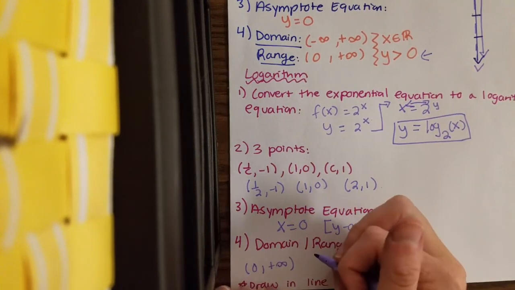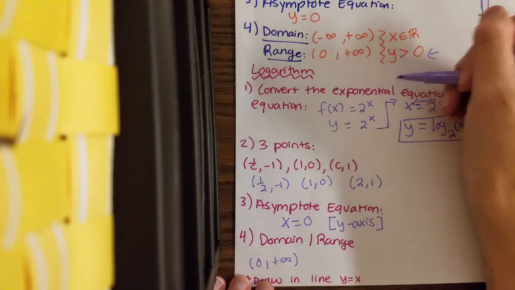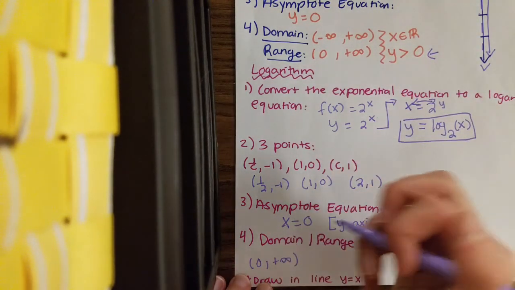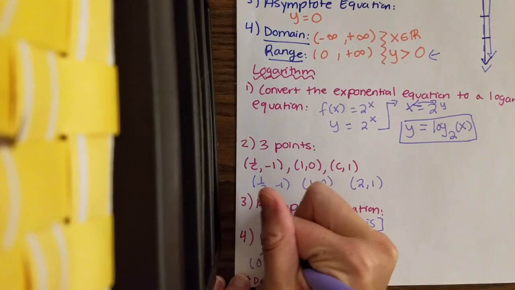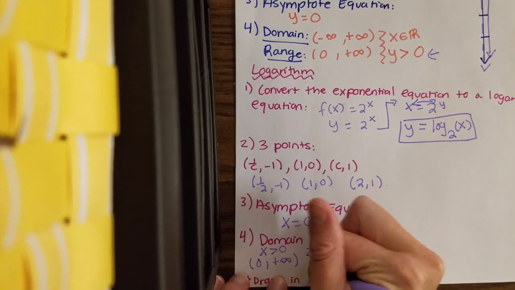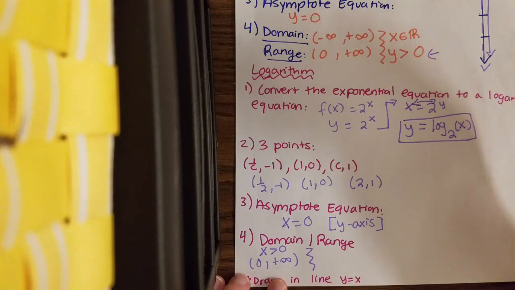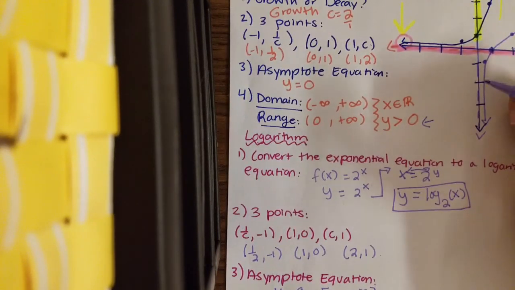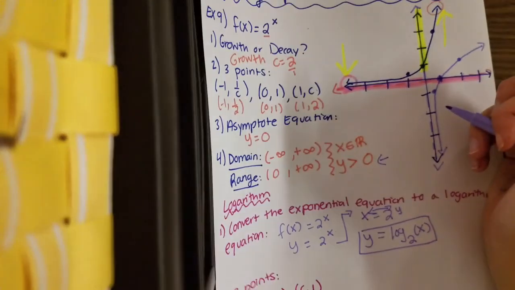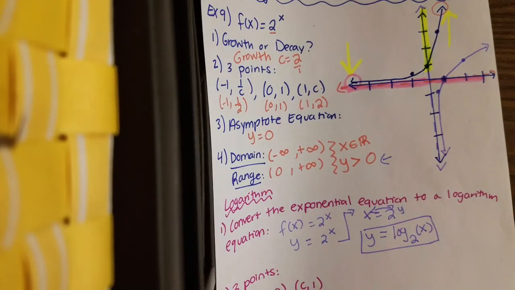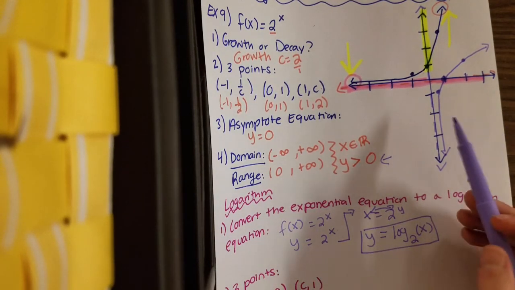Okay, which in inequality notation, since we're dealing with domain, it's now x. So it'd be x is greater than or equal to 0. Okay? Let's double check to make sure that makes sense. It says my domain goes from 0 to positive infinity.